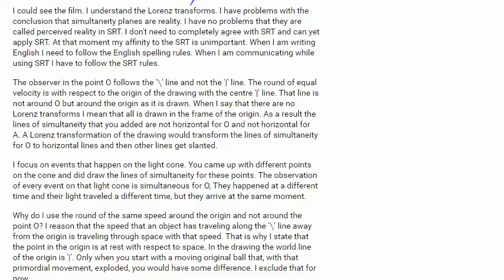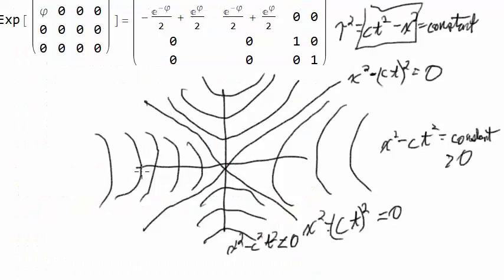Affinity may not be, but familiarity is. So he says when he's writing English, he needs to follow the English spelling rules. When he's communicating while using SRT, he needs to follow the SRT rules. I think that's accurate. But what I want to do is make sure that he's familiar with these laws of SRT.